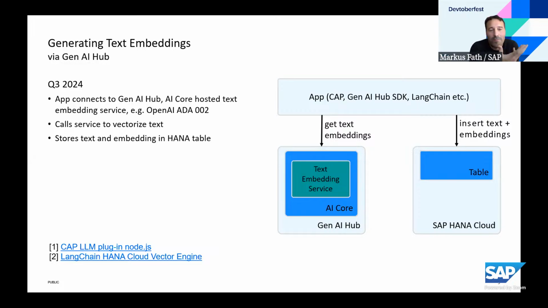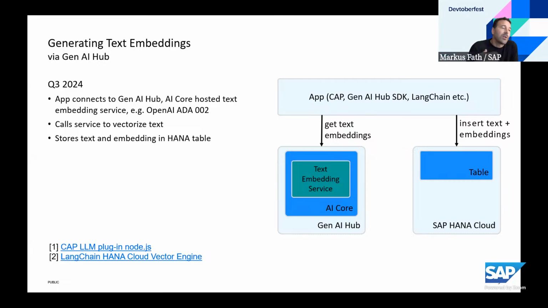Now, of course, one of the important questions is, how do you get to text embedding vectors when you want to do semantic search, for example, in a RAG workflow? As of today, here's one example of how you could do it. You have an application on top, be it a CAP application or a workflow that leverages LangChain.